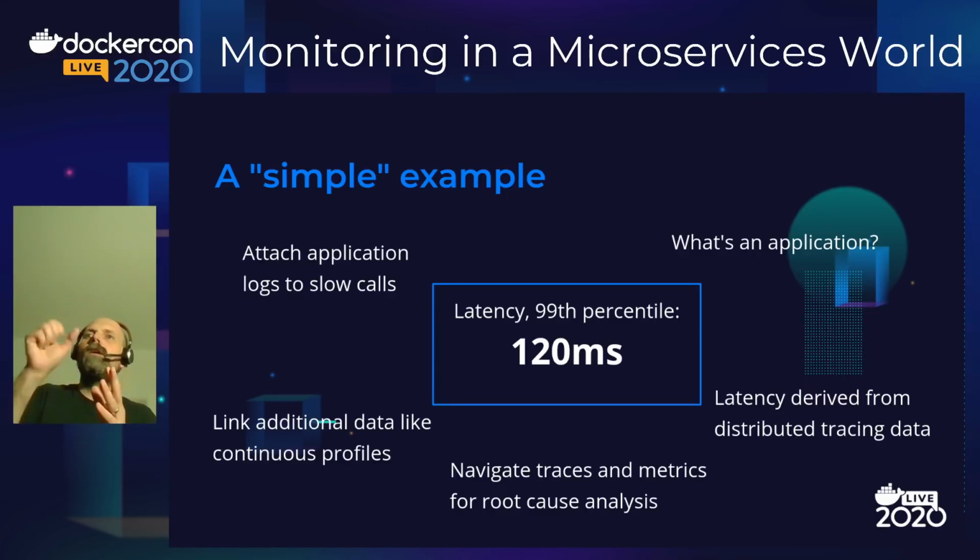You want to see, okay, this service called that service called that service, and here was all the time spent. So you want to know where the performance loss is actually happening, where down the distributed call stacks. So metrics and traces are related to each other. First, because you can derive metrics from traces, and second, because you want to navigate back from your metric data into the tracing world to do root cause analysis.